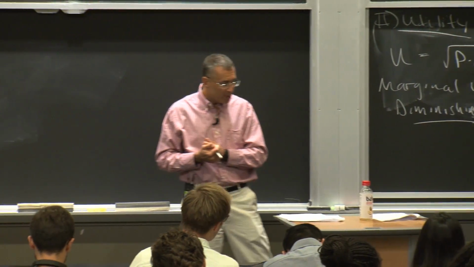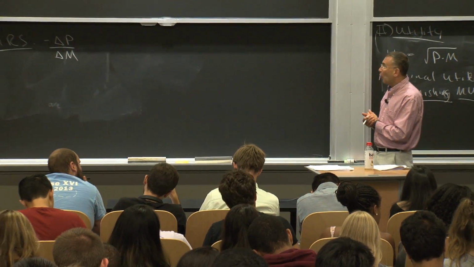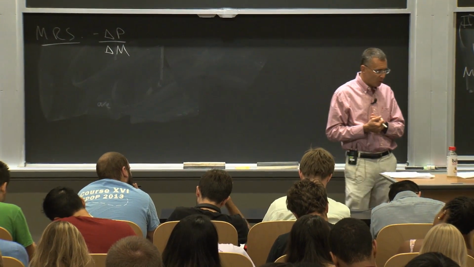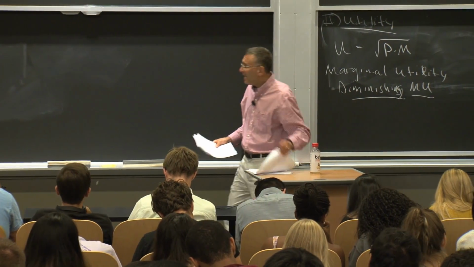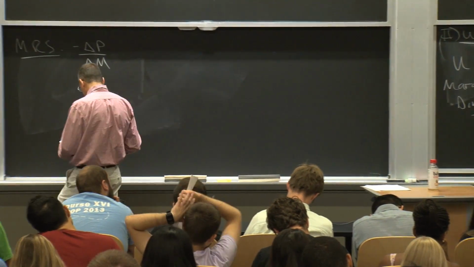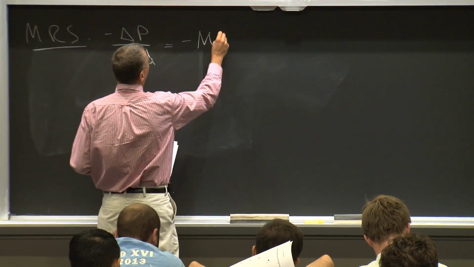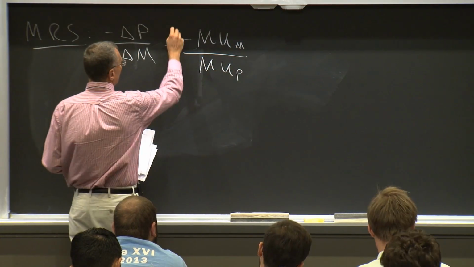sloping, and we can go further now and say that the slope is actually decreasing as you go along because of this principle of diminishing marginal utility. So further, what we say is that the marginal rate of substitution can be defined as the negative of the marginal utility of movies over the marginal utility of pizza.